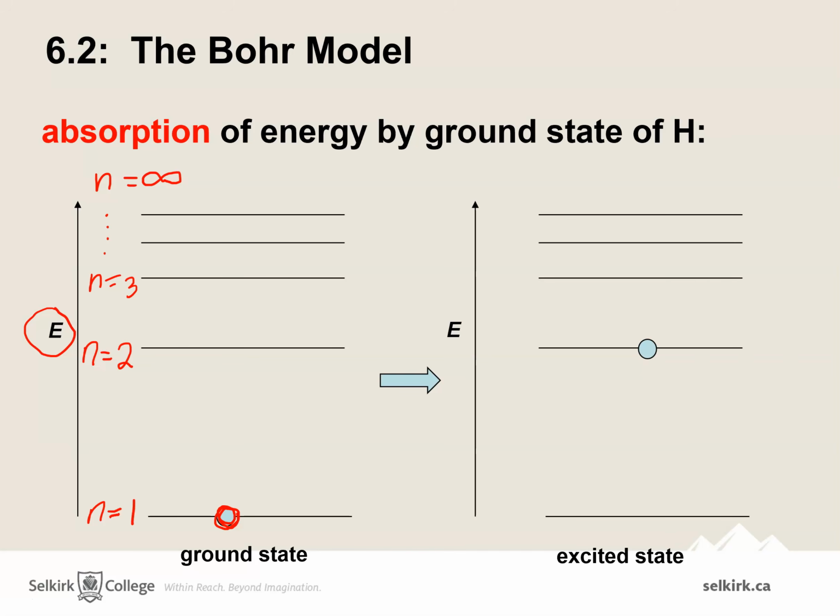But if I give it some electrical energy, as this arrow is implying, the law of conservation of energy says that energy must go somewhere. The atom absorbs the energy, and the atom then hops up to a higher energy state.